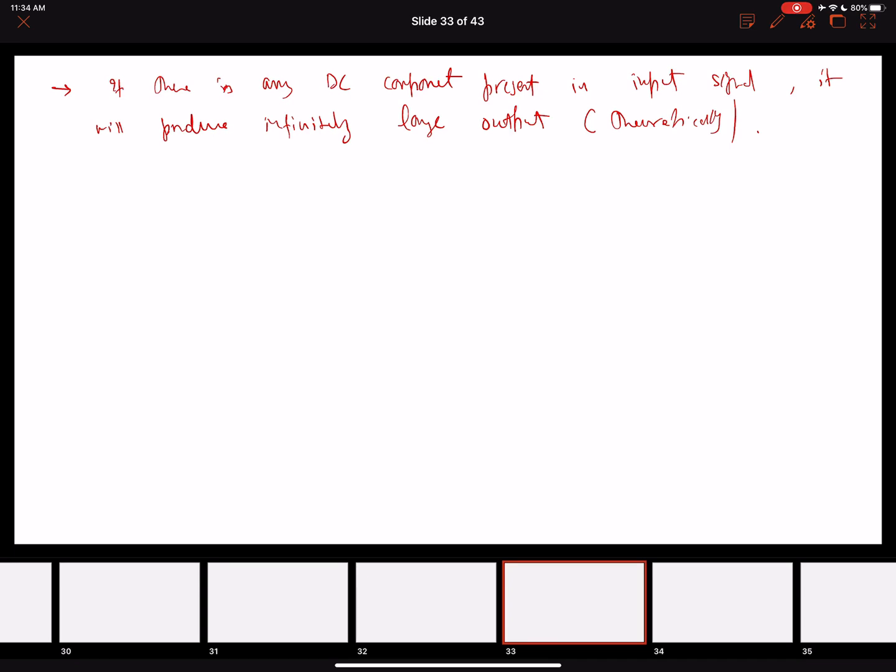becomes infinitely large. So if there are any DC components present in our input signal, we saw that we can take a Fourier series or Fourier transform of the input signals, and there could be a bunch of these frequencies present. So if there are any DC components in the input signal, those DC components will be amplified infinitely large.